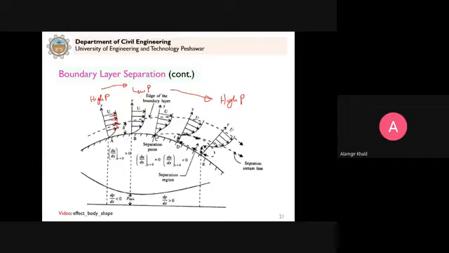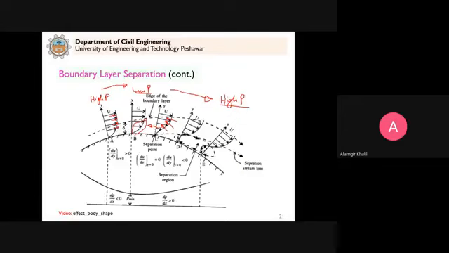But when we move from low pressure to high pressure, the pressure is pushing this velocity in the opposite direction, because we are moving against the high pressure. So that's why you see it is pushing this velocity gradient in this direction. Because we move from low pressure to high pressure, the high pressure is pushing in this direction.